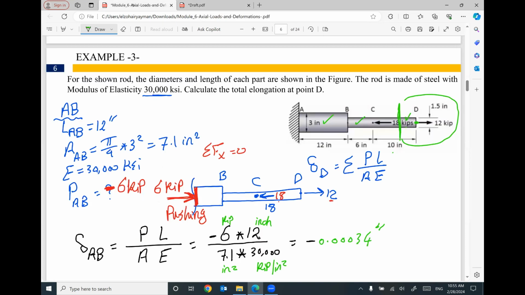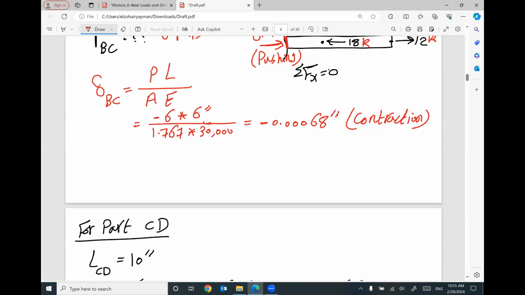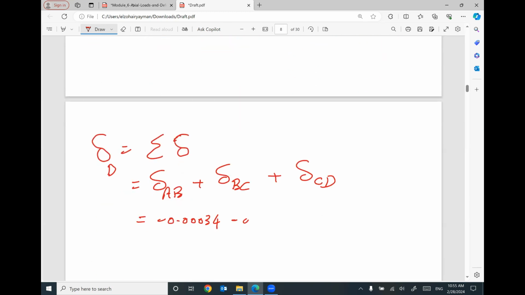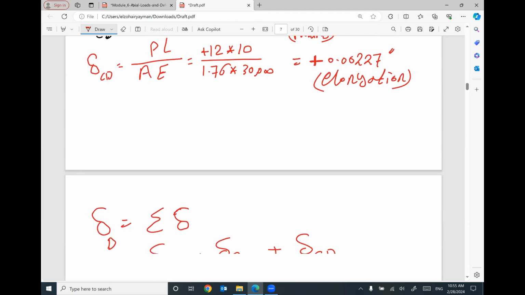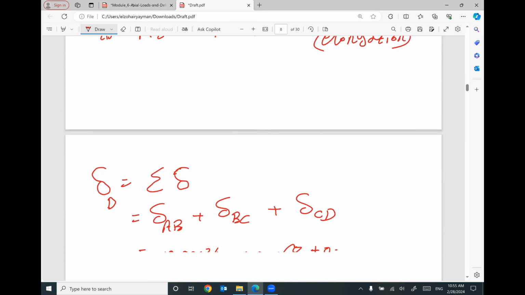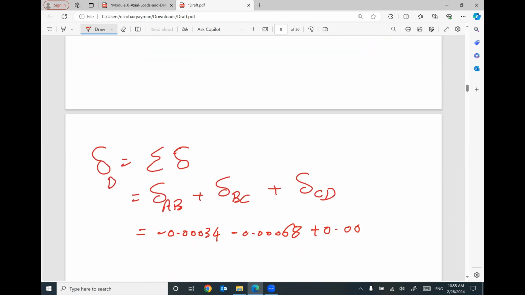The first part gives you negative 0.00034. The second part gives you a contraction equal to negative 0.00068. The third part gives you elongation, positive 0.00227.